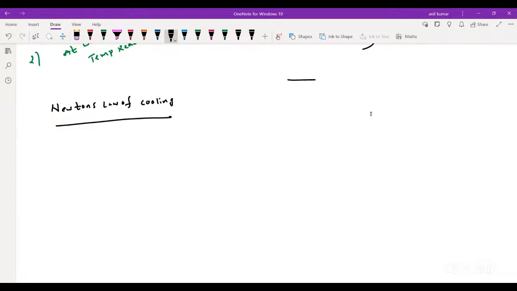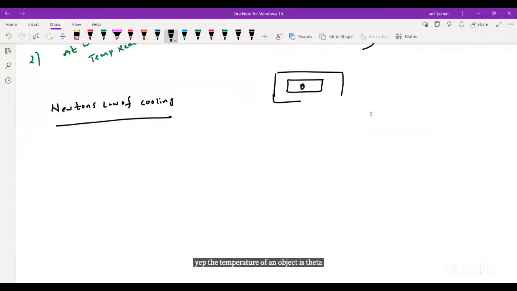Once again here I draw the object. Here the temperature of the object is theta and the temperature of the surroundings is theta naught.